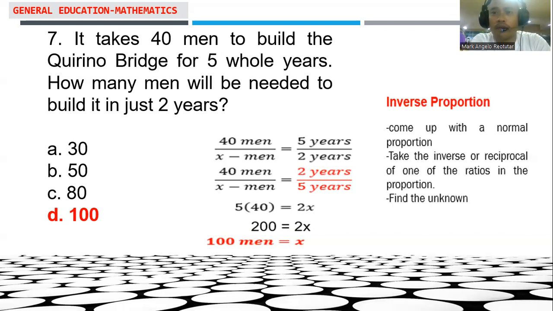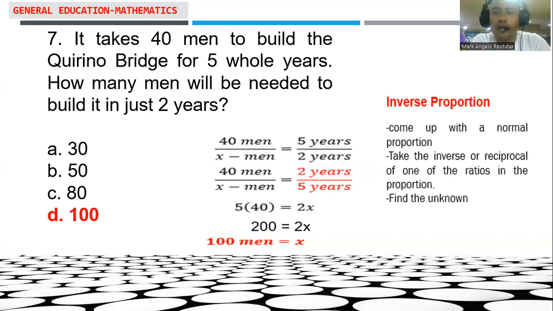So therefore, anong magiging logic dyan? Mas marami dapat ang tao na kailangan to build the Quirino Bridge in just 2 years. But if we will be using an original or a normal proportion to answer the problem, try to observe na liliit yung magiging value ng number of men.